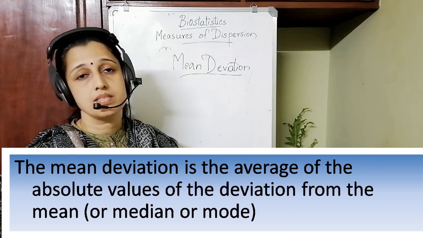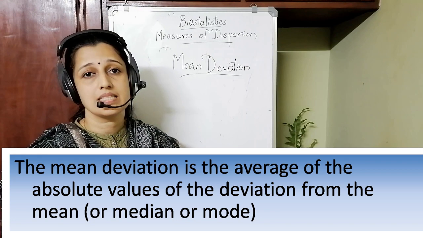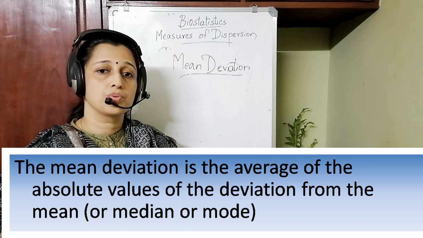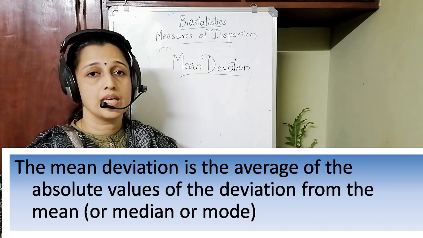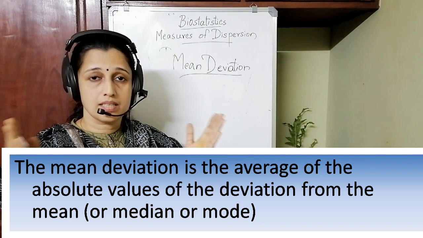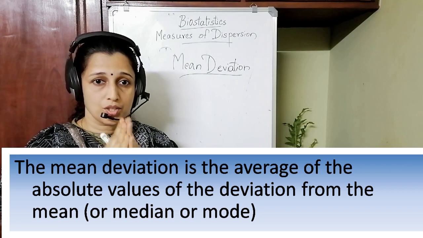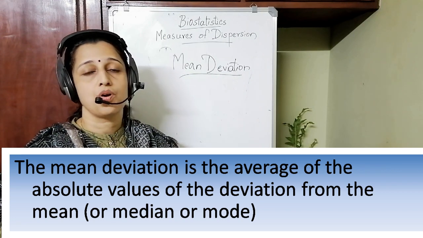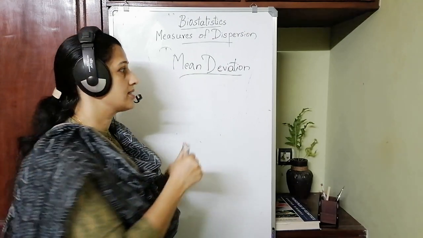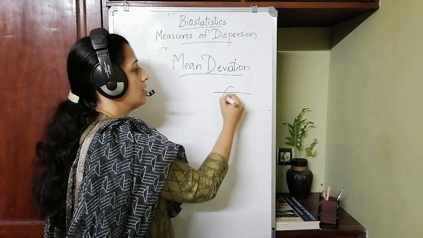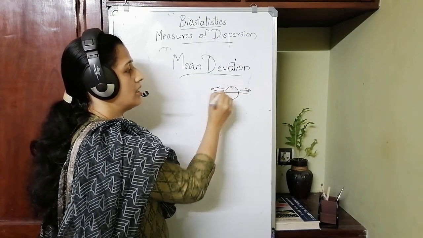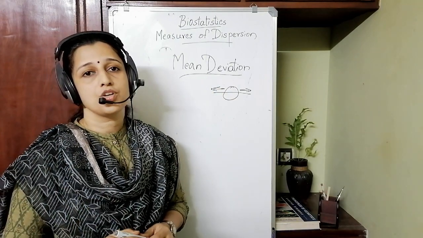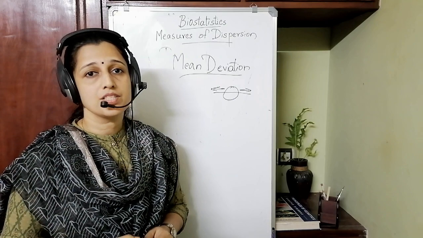Deviation, as the name signifies, the mean deviation is the average of the absolute values of the deviation from the mean. I said earlier, deviation from the central value, and each variate of the variable deviates from the mean.